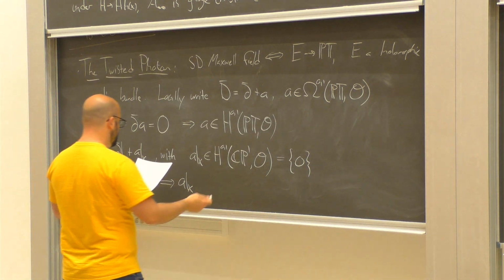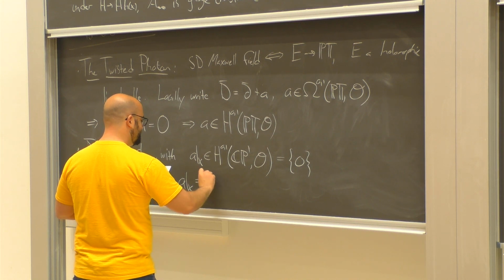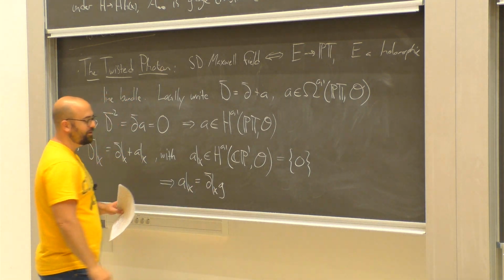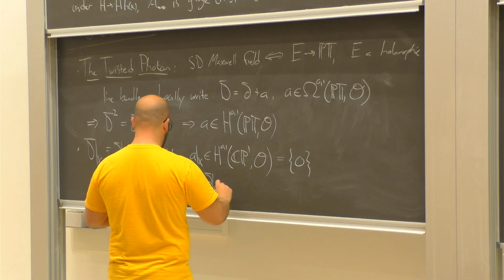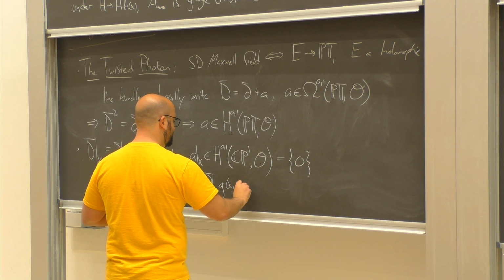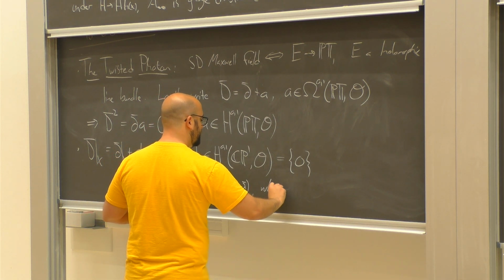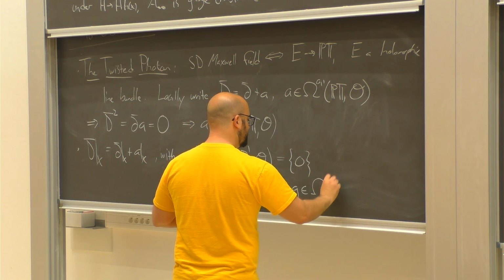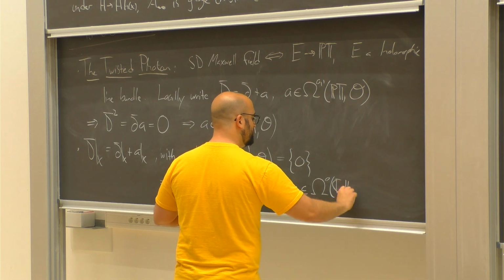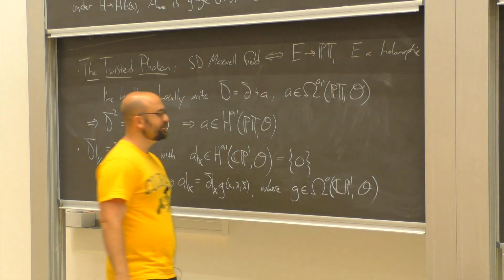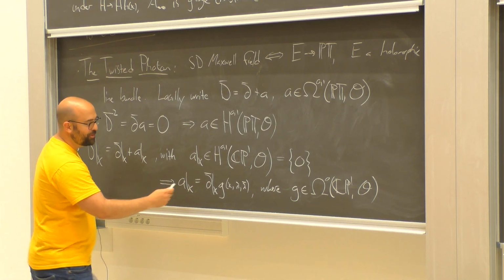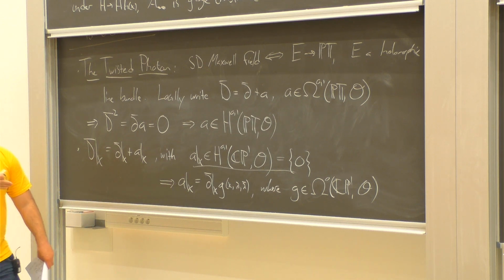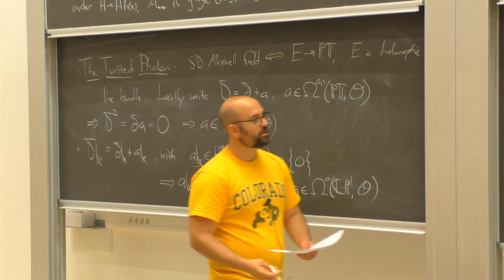So that means that a restricted to x has to be written as d bar on the Riemann sphere x of g, say of x lambda bar, where g is just a smooth function on CP1, homogeneous of weight 0. Okay? So in real money, that's what this means. It just means that when I take A and I restrict it to a Twistor line, I get d bar of some function on the Twistor line.